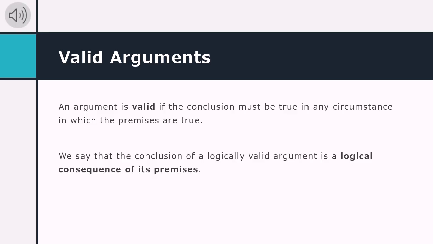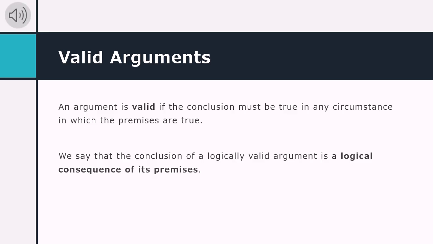Now we have some really nice notation here for arguments, and it's the idea of being valid. An argument is said to be valid if the conclusion of the argument must be true in any circumstance in which all the premises are also true.